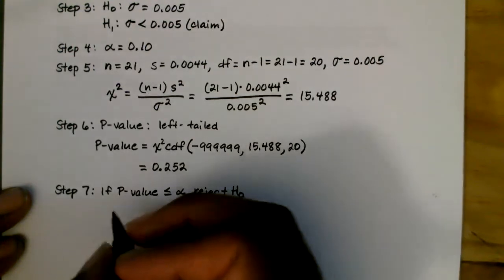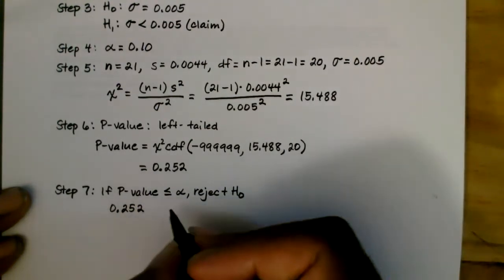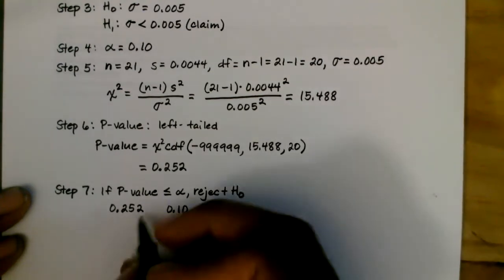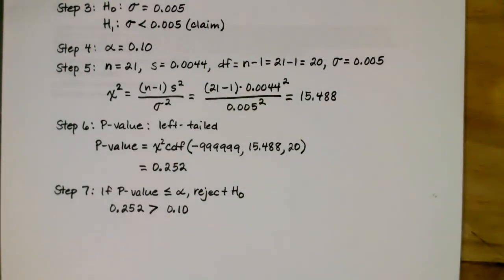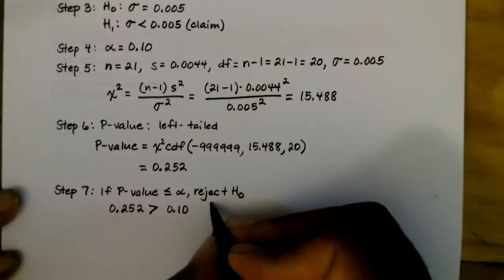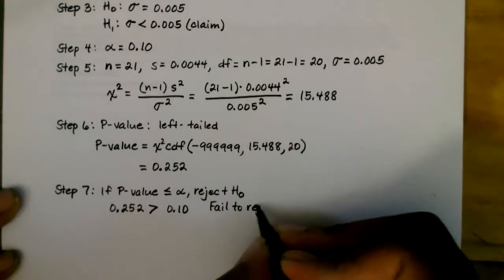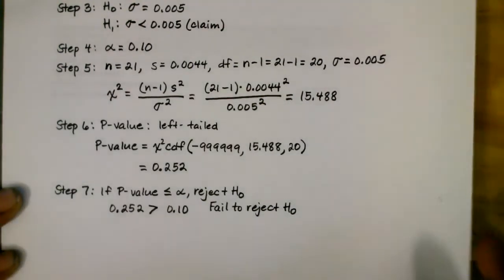So my p-value was 0.252 from step number 6. The alpha level was 0.10 from step number 4. Compare those two. You'll see that it is greater than our level of significance. It does not satisfy the decision rule, so that means we need to fail to reject the null hypothesis.